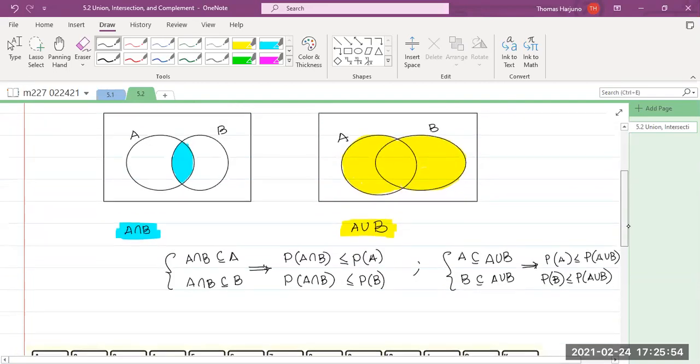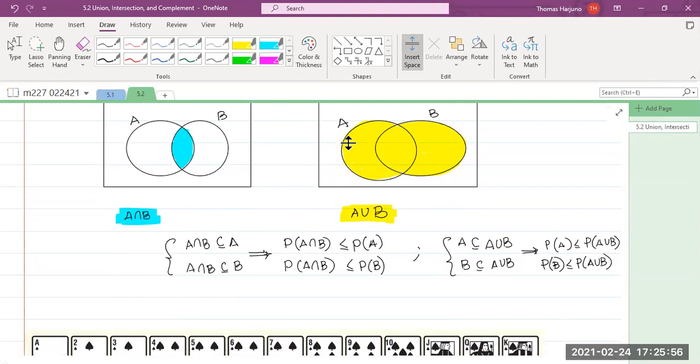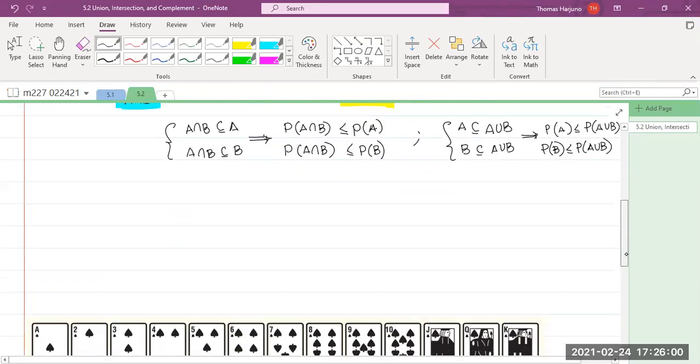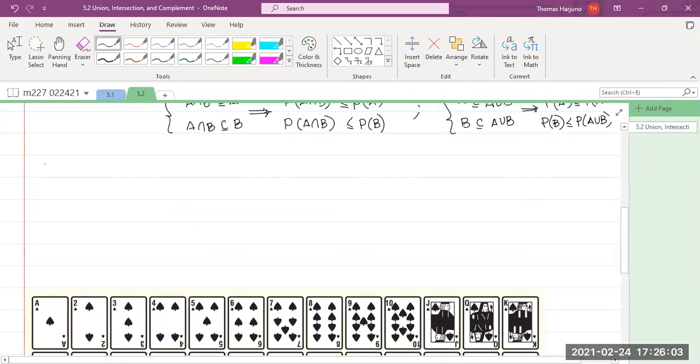Now, the last one, the complement. The complement of A we denote by A with a superscript C. Our textbook uses this notation.